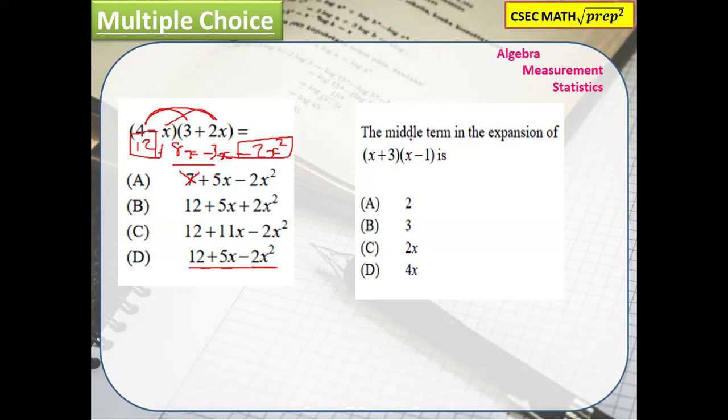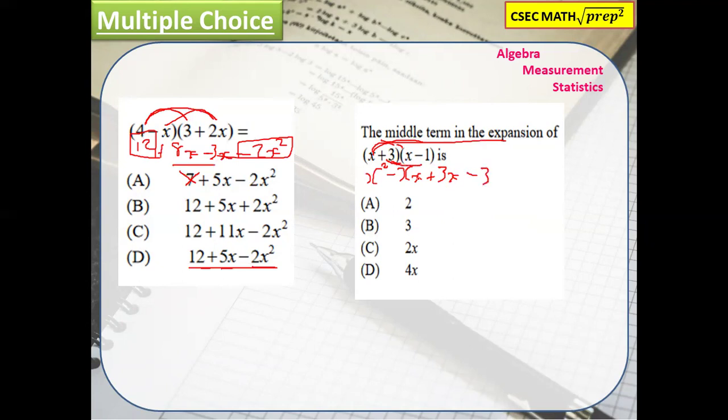Now for this one, they do not want all the terms. What they want is just the middle of the expansion. Therefore, if we do all, we'd have x times x is x squared. And again, x times 1 will be minus x. Then 3 multiplied by x is 3x. And then 3 times 1 is minus 3.